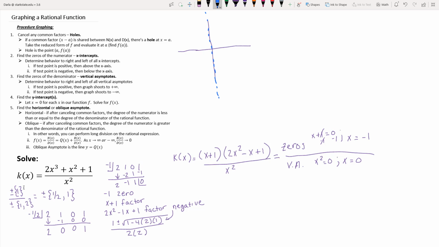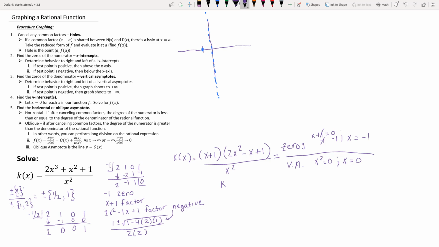And then at x equals -1, we're going to have a 0, so go ahead and plot that 0 at x equals -1. Okay, so then we can go ahead and move on to determining the behavior to the left and right of the 0 and the vertical asymptote.